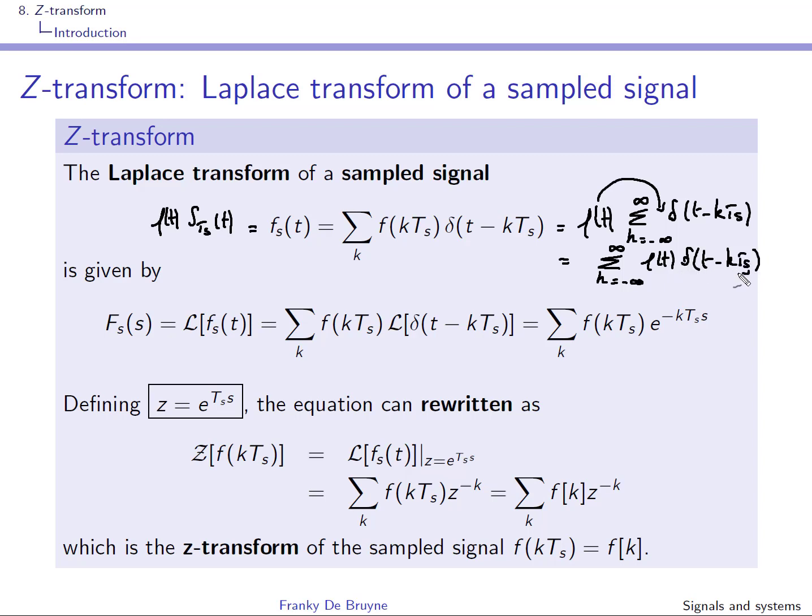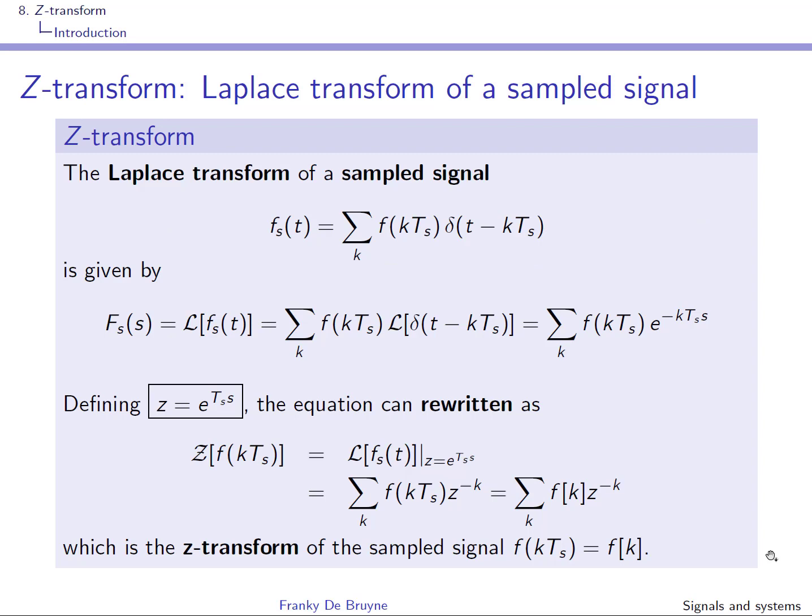And now we are ready to apply the shifting property. Notice here that the delta is located at kTs, so you can replace f of t by f of kTs, and so this is how you obtain this sampled signal. Well, this sampled signal f_s of t is a continuous time signal, so we can take its Laplace transform over here.